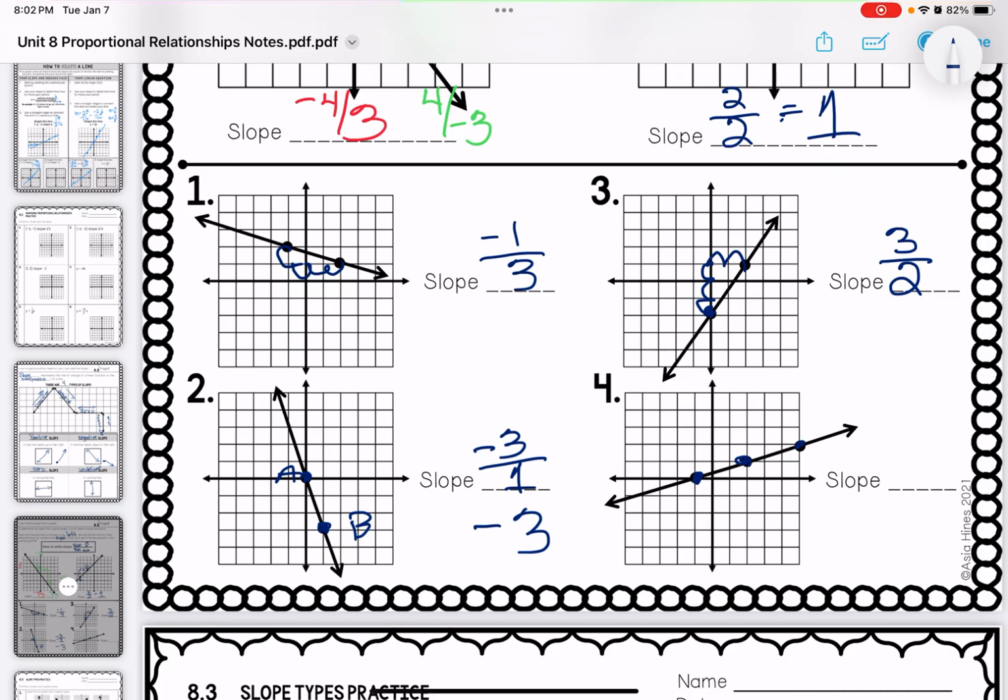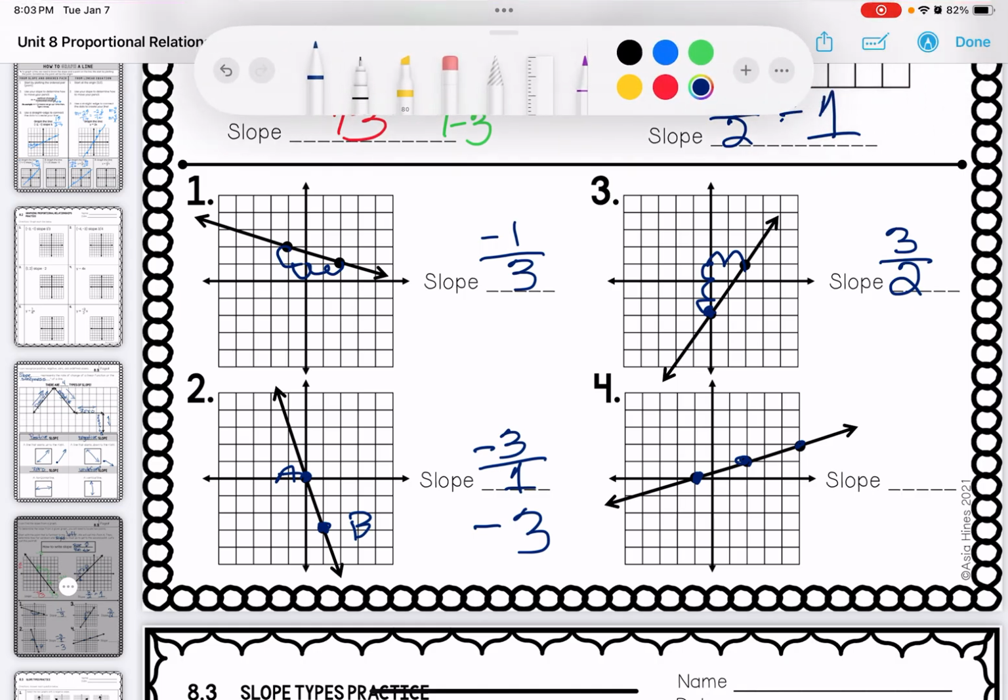So number 4, go ahead and try number 4 by yourself. And you just need 2 points. So you can either have this one. Let me change some colors real quick. So either you can start with the blue one as A and count to the red one, or count to the green one, whichever 2 points you choose.